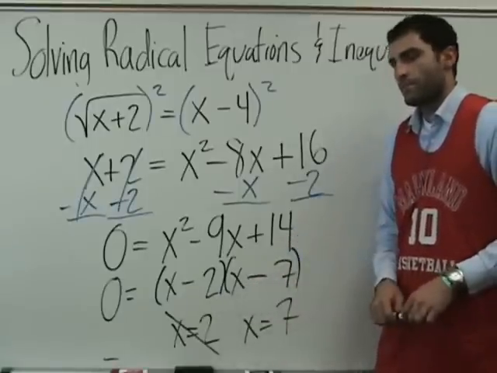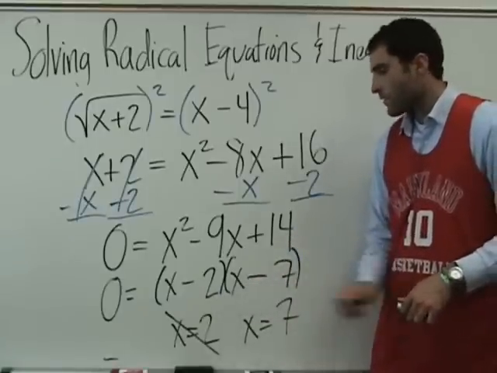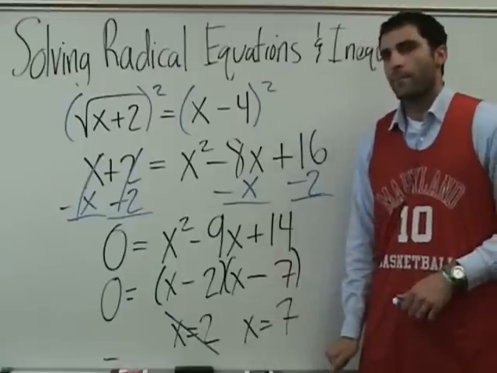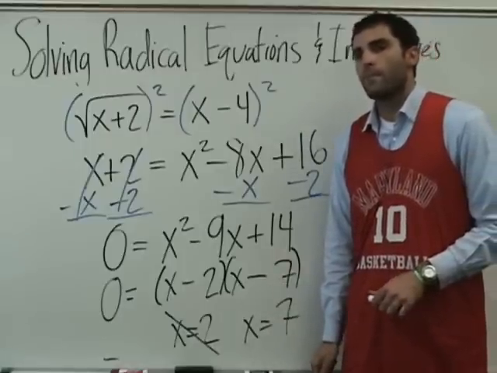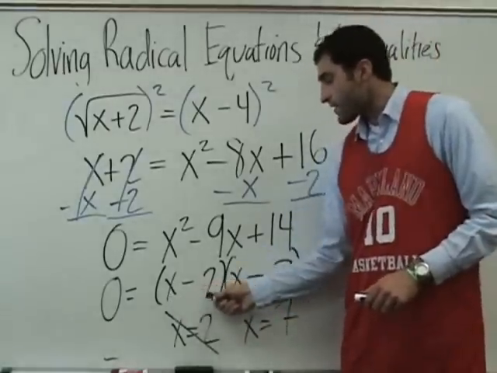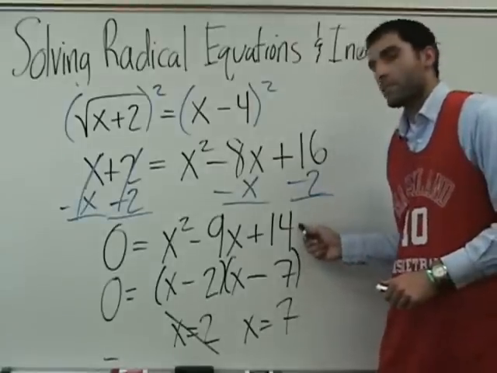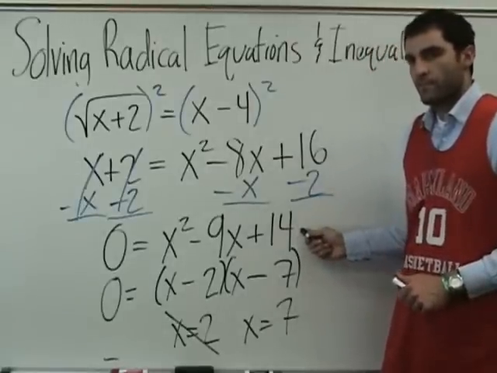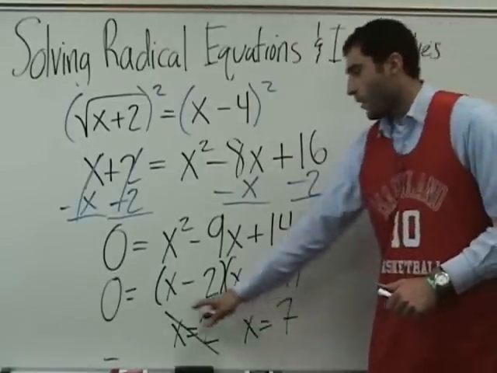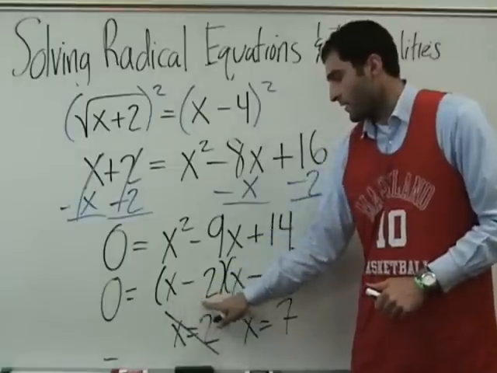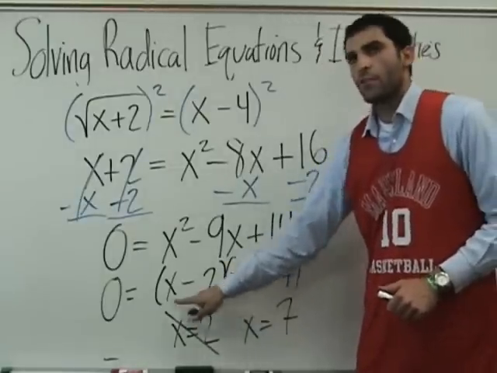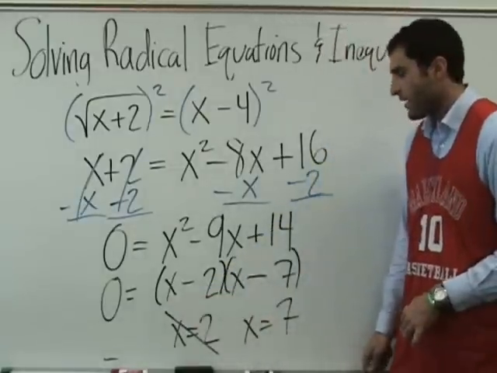You got x equals 2 and x equals 7 from this and this. x minus 2 and x minus 7 FOIL to make this, correct? So what value for x will create 0 here? 2. Okay, good.